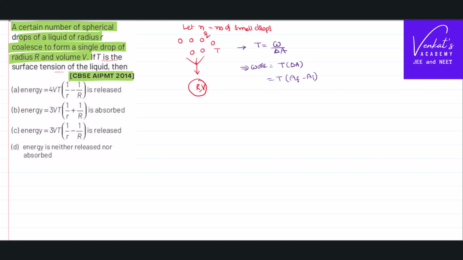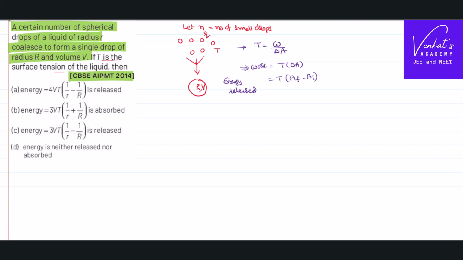This work done is stored in the form of energy. When a big drop splits into small drops, energy is required, absorbed, but when small drops are combined to form a big drop, energy is released. How much energy is released, that we have to calculate.